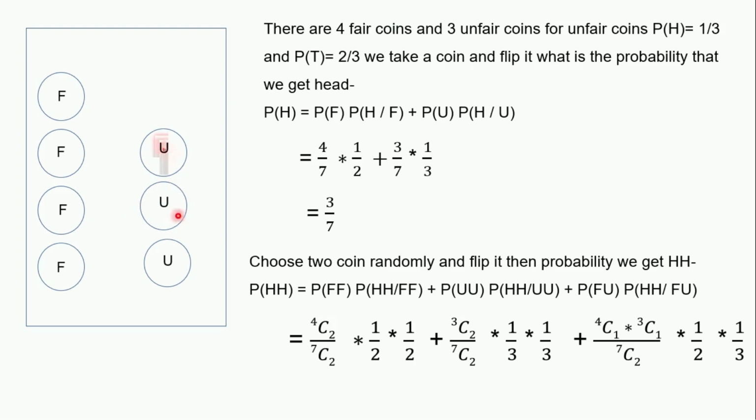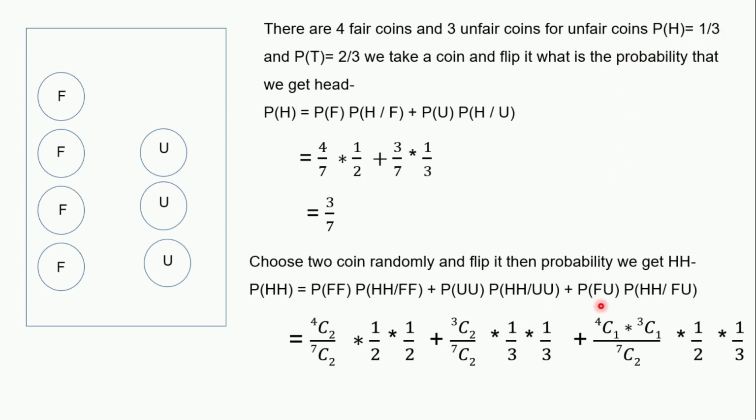There are a total of 3 unfair coins, and the number of ways we can select 2 unfair coins among these 3 is 3c2. The total number of coins here is 7, and we need to select 2 coins among them, so we can do it in 7c2 ways. Therefore we write 3c2 upon 7c2 here. And the probability that we get head, given that we already flipped an unfair coin, is 1 by 3. This is already given in the question.